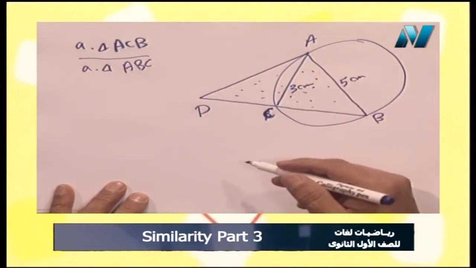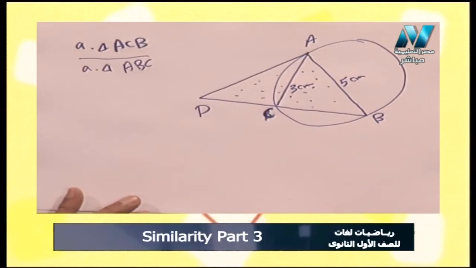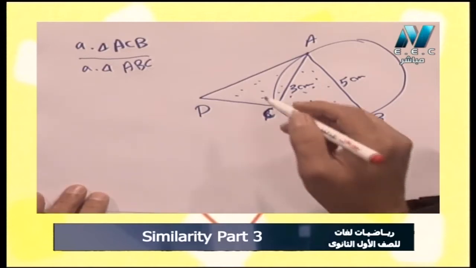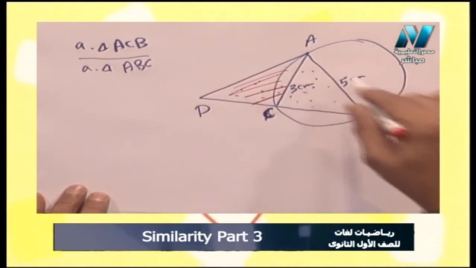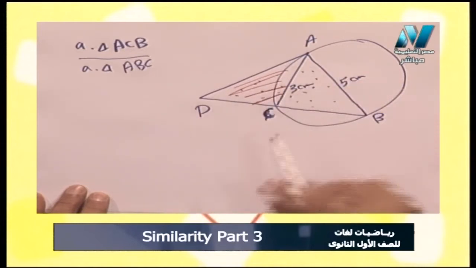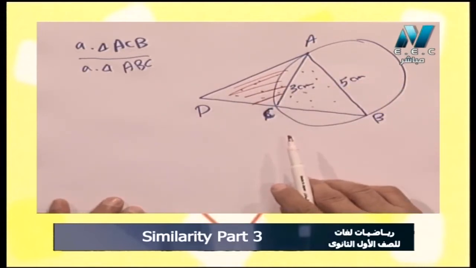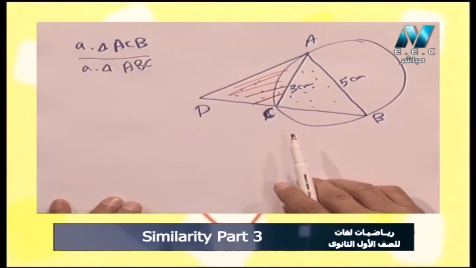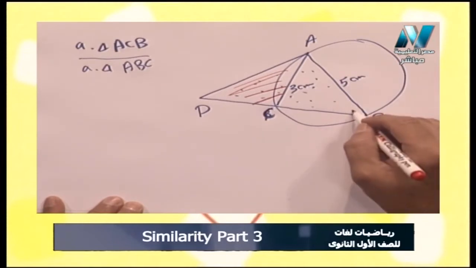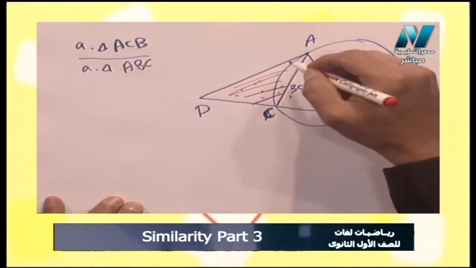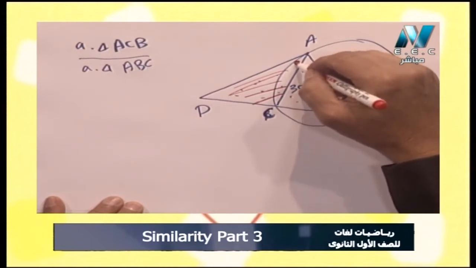We will try to find similarity. Similarity is our solution and our savior now. We have the small triangle ACD here and the whole triangle ABD. We try to find a relation of similarity between them. So we know that the measure of this angle equals the measure of this angle. Why?